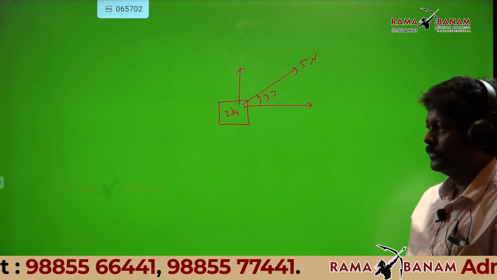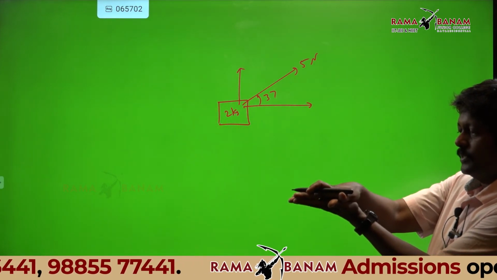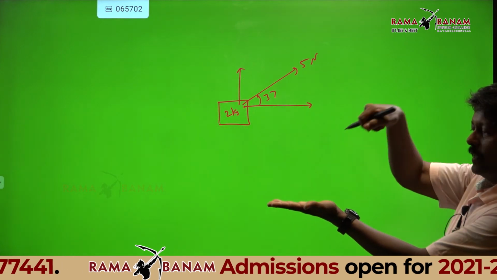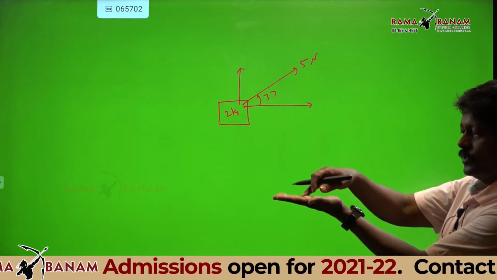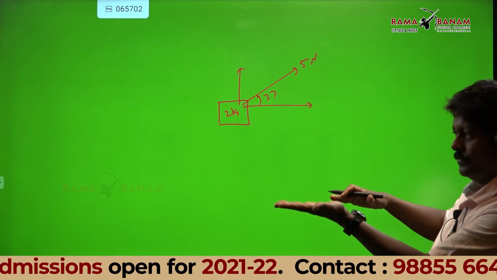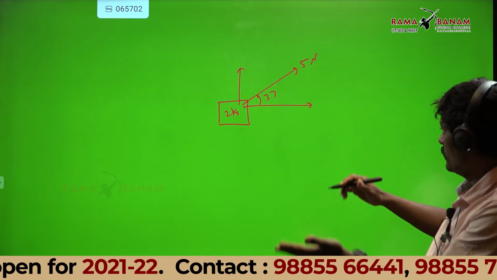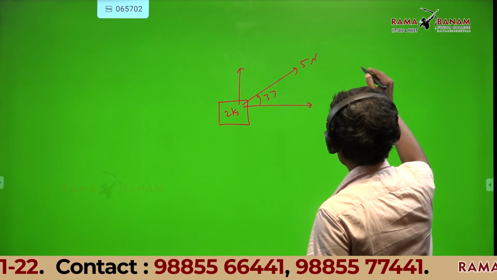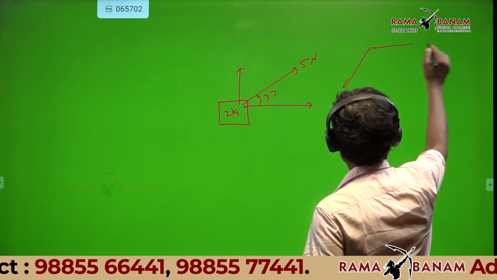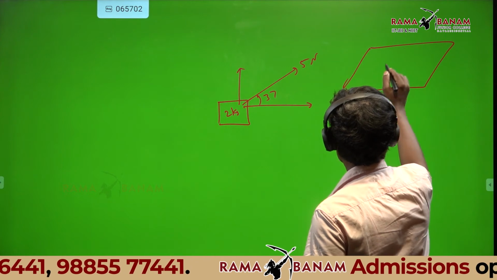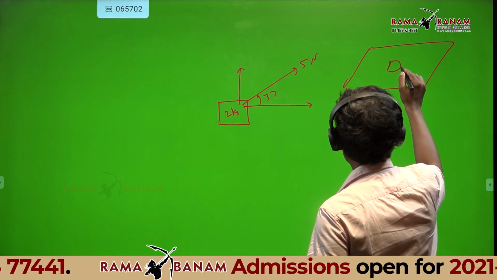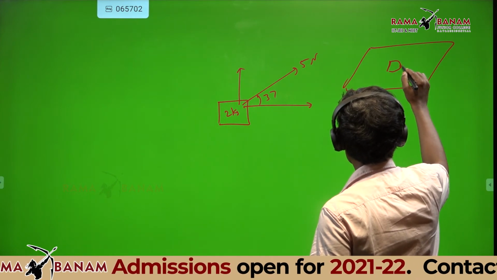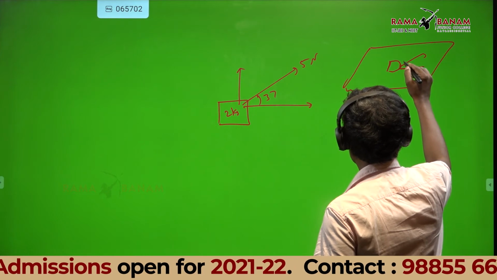The force is not at an angle to the floor. The force is along the floor. Are you able to understand? That means if the floor is like this, the force is making an angle of 37 along the floor.